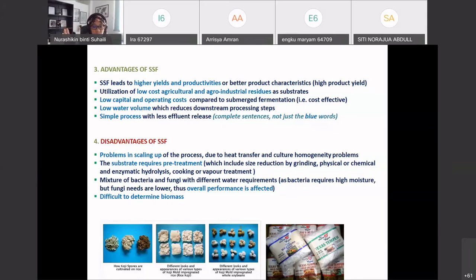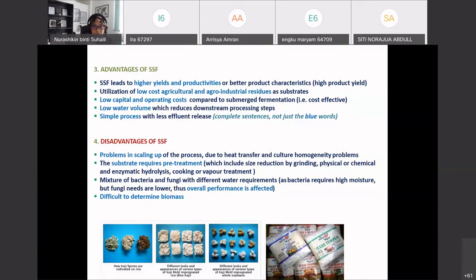Downstream is where you purify the products and separate the products from all the contaminants. So if the process requires low water volume like SSF, it will reduce the steps during the downstream processing. That's one of the advantages of SSF compared to liquid fermentation.